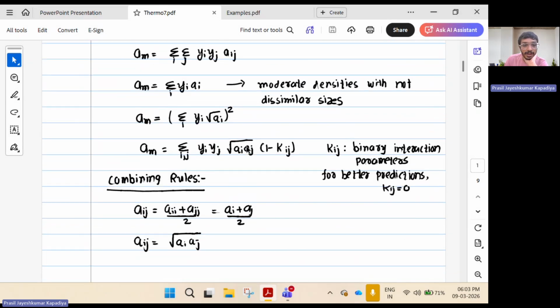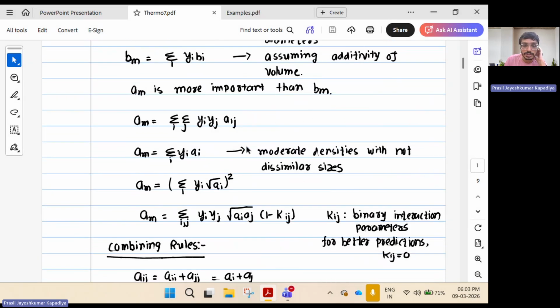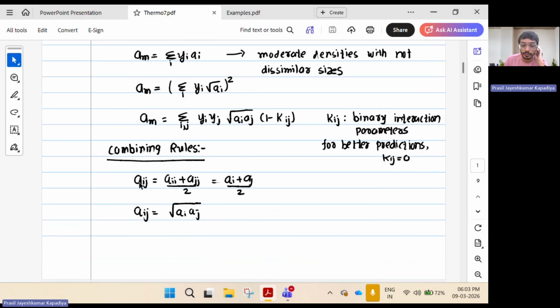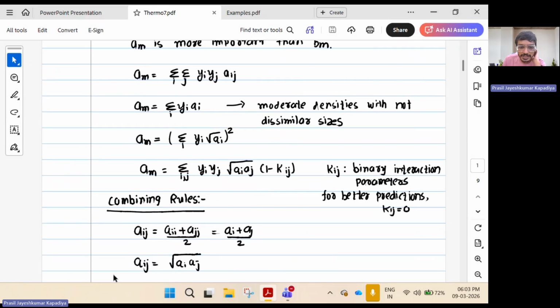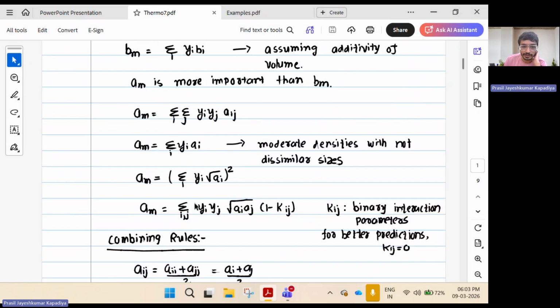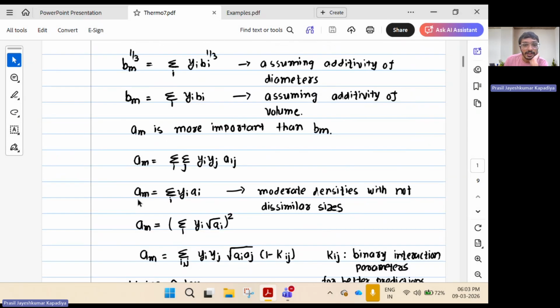There are two molecules, CO2 and CH4, and two ways of defining the interaction. One is the arithmetic mean and one is the geometric mean. So a_ij can be written as (a_i + a_j)/2, where we just take the average of the interaction, or we can take the geometric mean, the square root of a_i a_j. These are two ways of defining interactions.